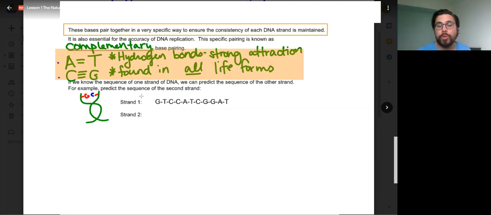A and T will always form a bond with each other. They form a double bond through their hydrogens, and they are very strong attractions.